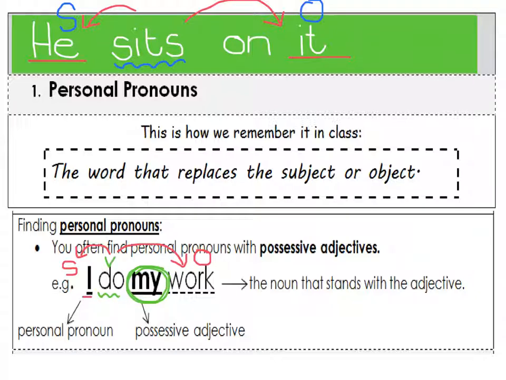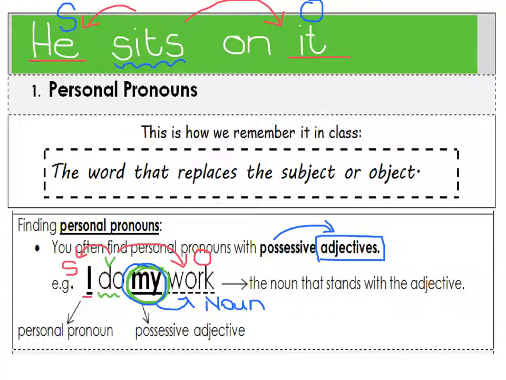When you find a possessive word like my, always have a look at the word directly after it. My work. In this case, work is a noun. And we know that the word that describes the noun is an adjective. But because it shows possession, it is called a possessive adjective.